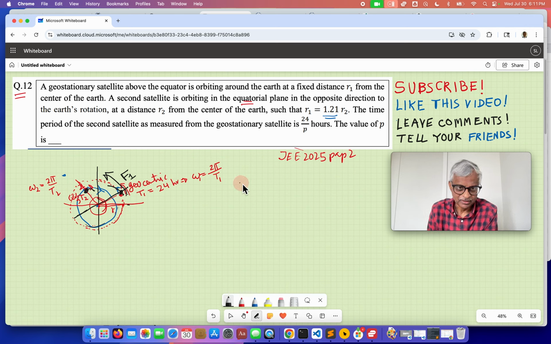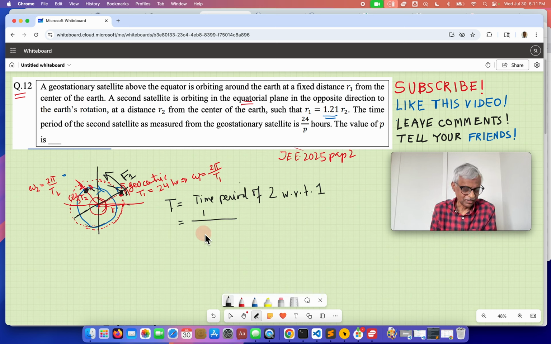So the time period of 2 with respect to 1, let's call it T, is 2 pi over omega 1 plus omega 2, because now this will be the angular velocity I should see. It's kind of like the rotation for the rotating frame.